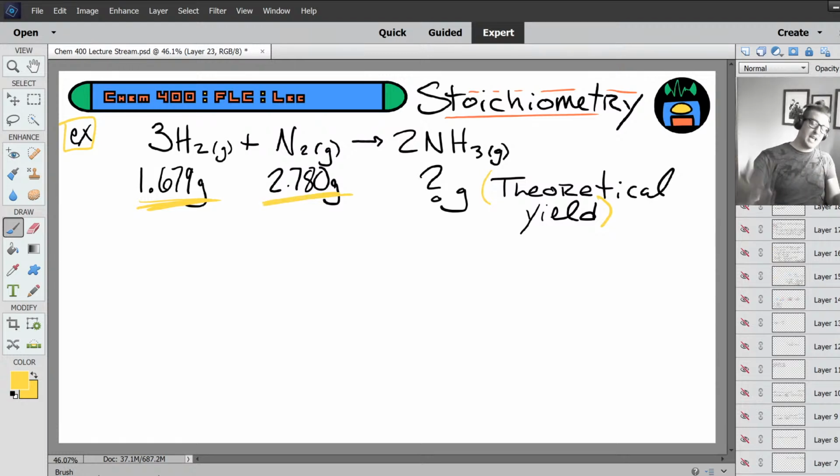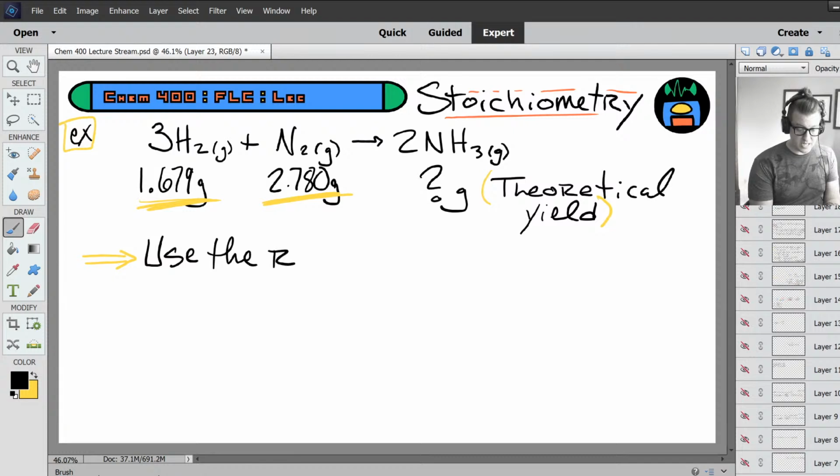Which one do you use to calculate your theoretical yield? And the answer to that question is you use the reactant that runs out first.